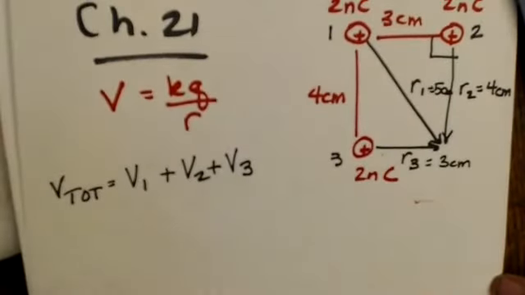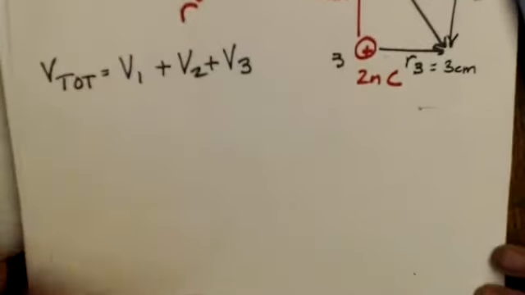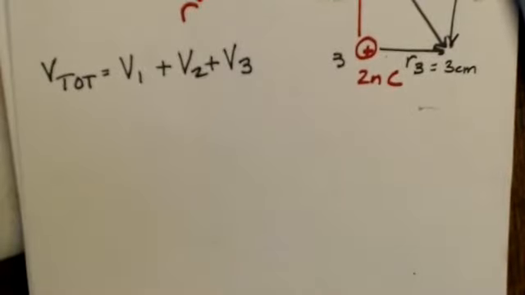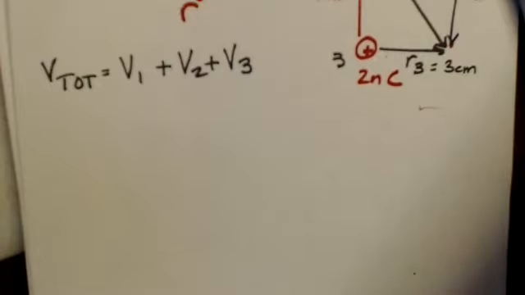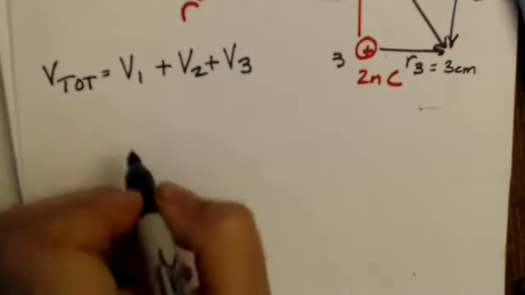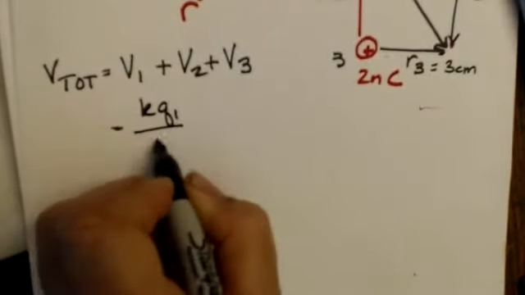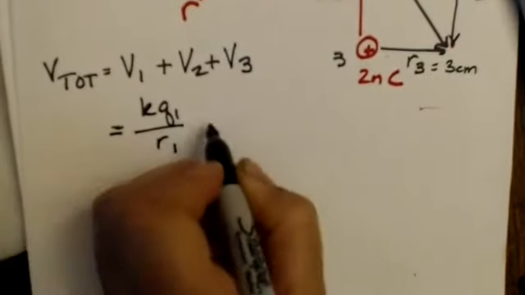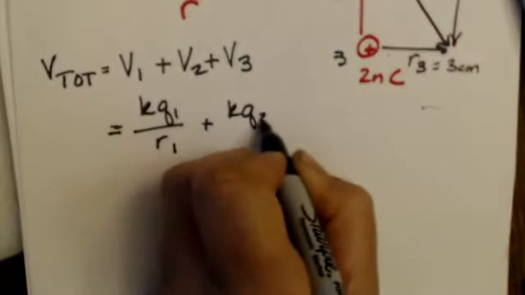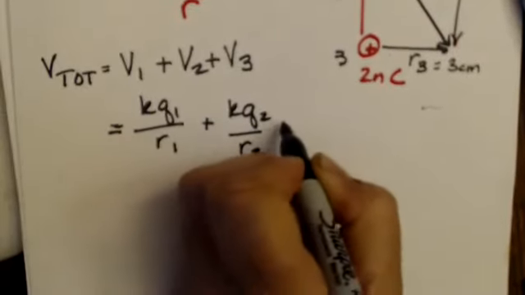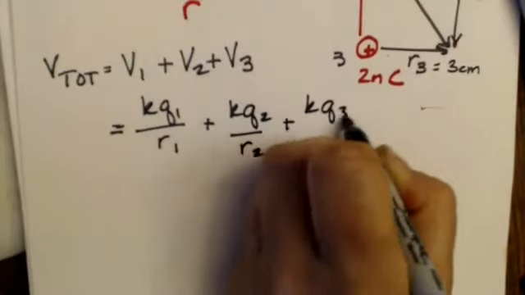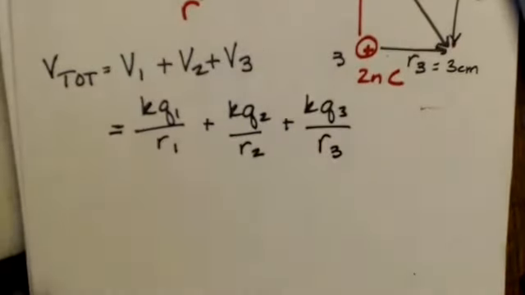So when I get ready to calculate my values, I simply add them up. These are all positive charges, so I don't have to worry about keeping track of any negative signs. This is going to be kQ1 over R1 plus kQ2 over R2 plus kQ3 over R3. It's just that simple.